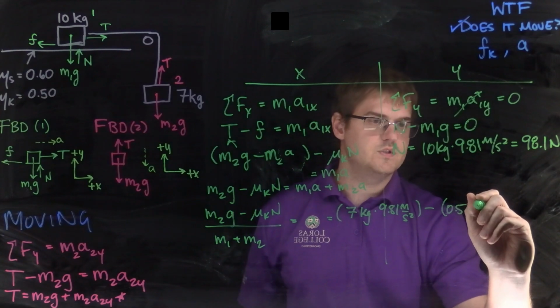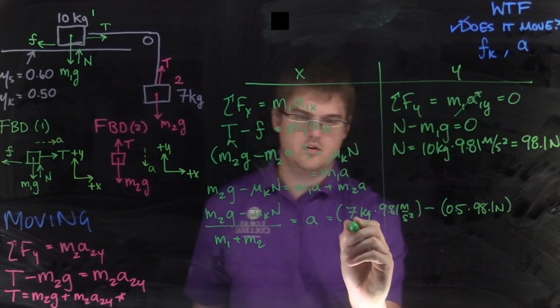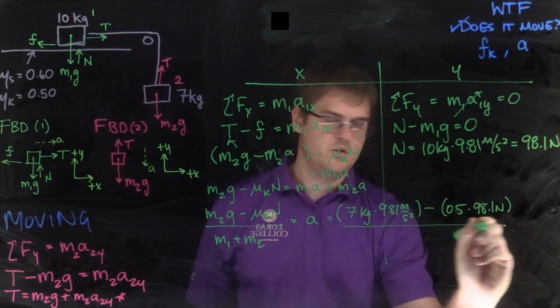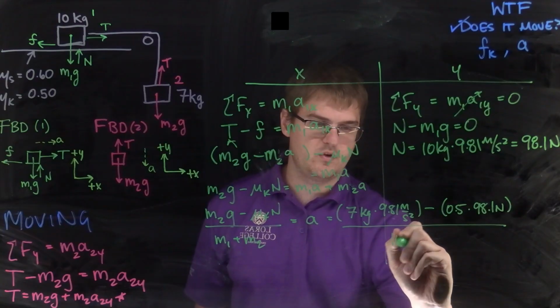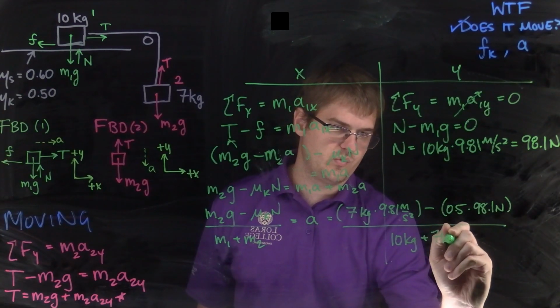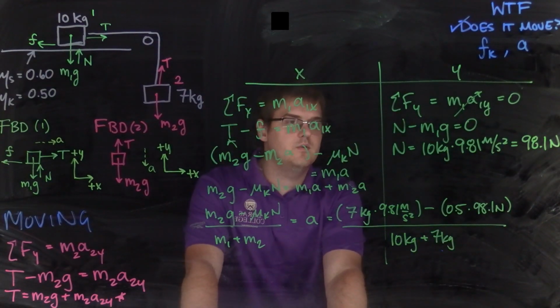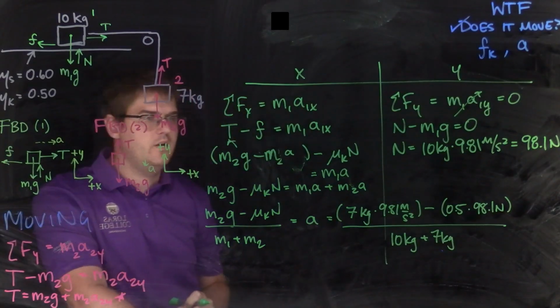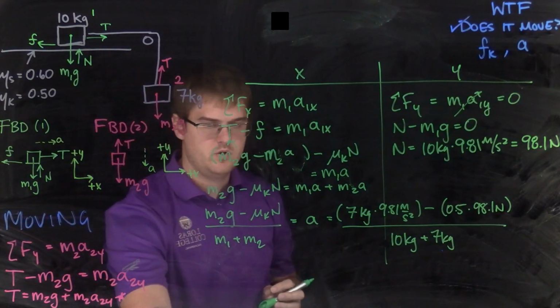My normal force is 98.1 newtons. My mass 1 is 10 kilograms plus 7 kilograms. I've got 7 times 9.81 minus half of 98.1 divided by 10 plus 7 is going to be my value.